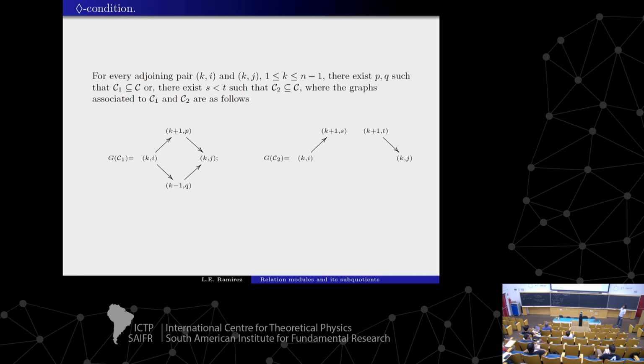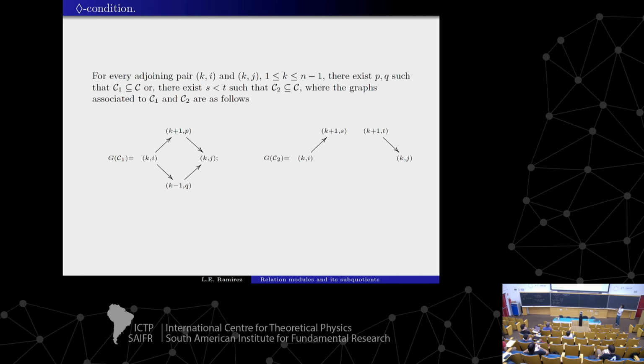So this diamond condition is connected with the graph associated with the set of relations. You look at the graph, and you look at two elements in the same row such that they are connected by the graph, but there is no element in between in the same row that connects these two elements.